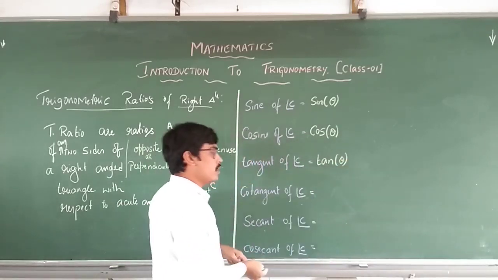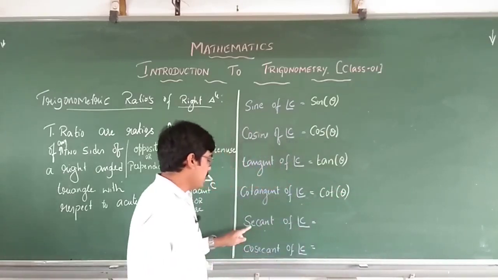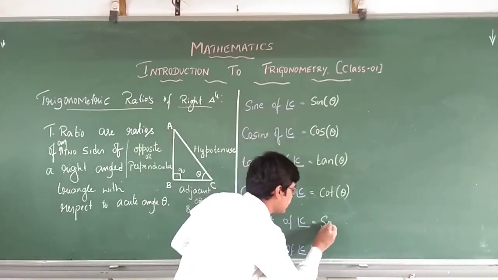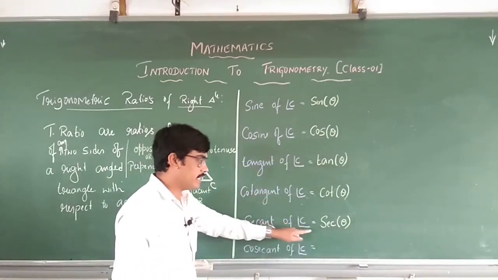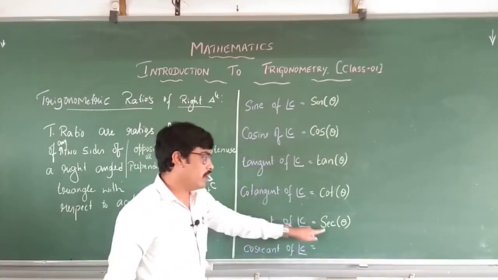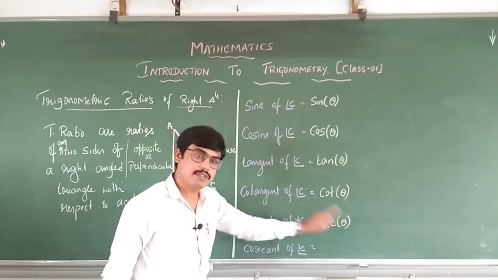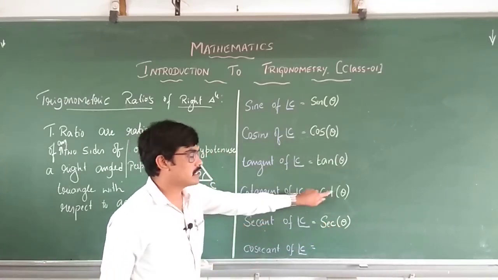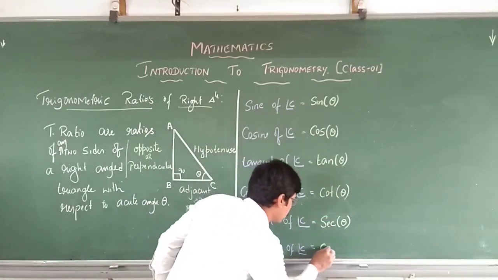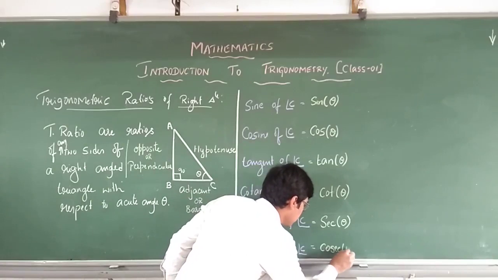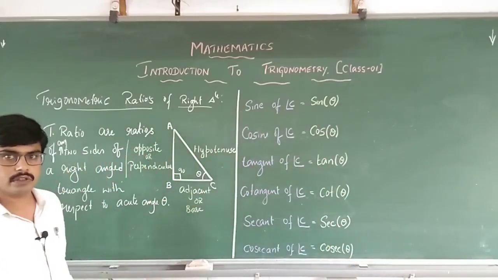This is cot theta. And this is denoted by sec theta. We will read it as secant theta, but we write only sec theta. This is called cot theta or cotangent of theta. Now this is called cosec theta. These are the notations for these ratios.